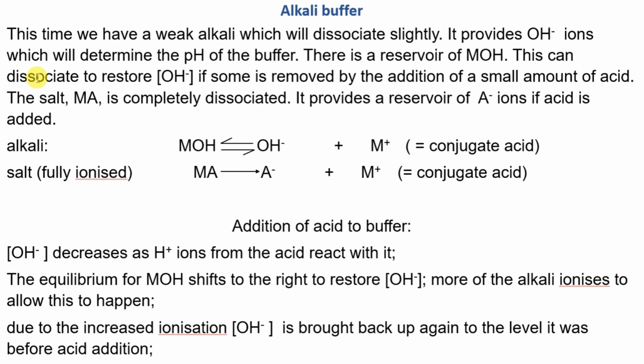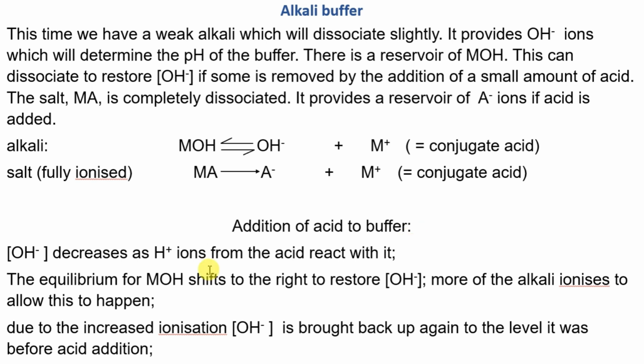That reservoir can dissociate to restore OH- ions if some is removed by the addition of a small amount of acid. The salt, MA, is completely dissociated. It provides a reservoir of A- ions. There is my salt, completely soluble, breaking up to provide a large supply of M+, the conjugate acid.